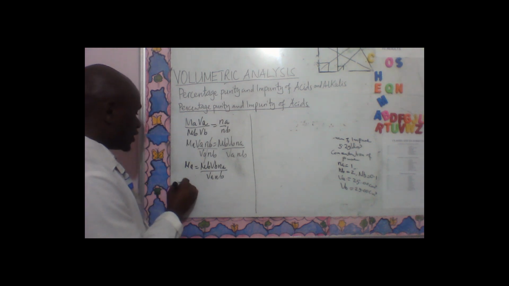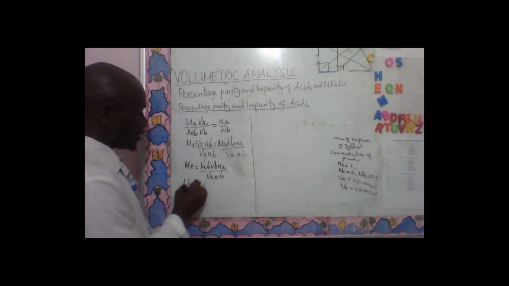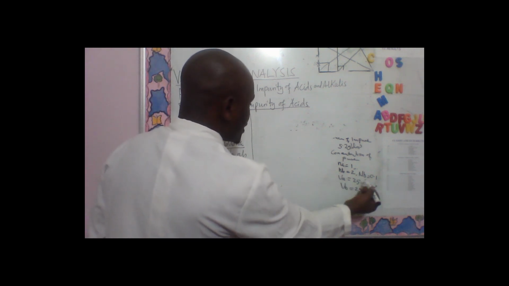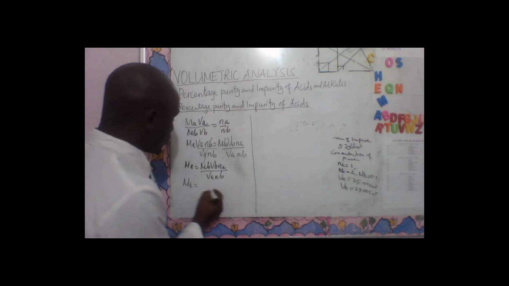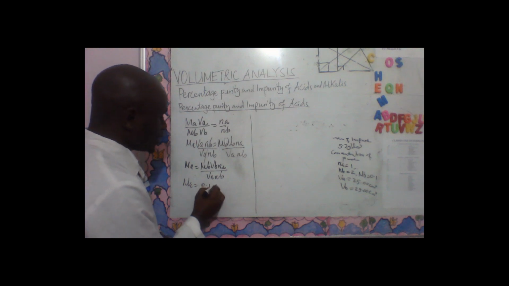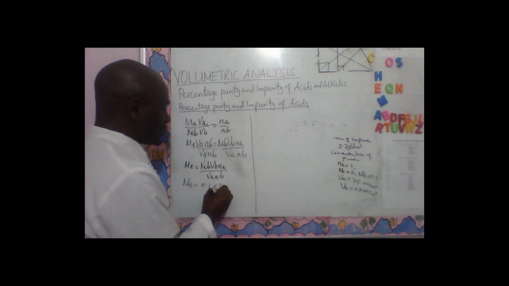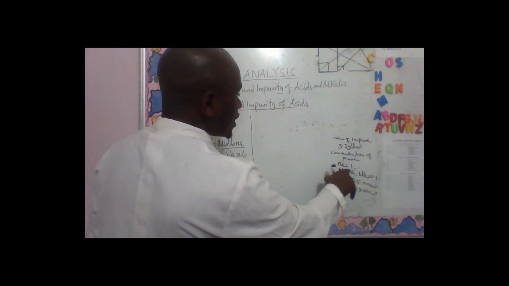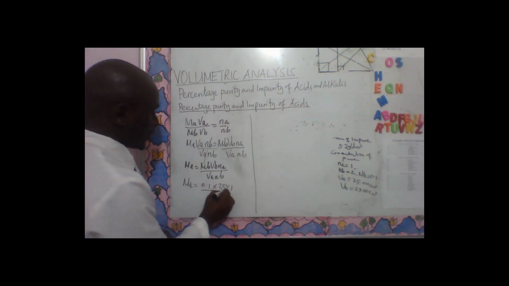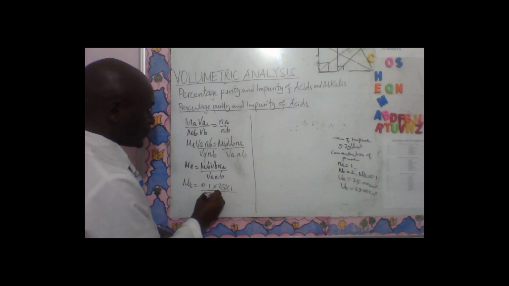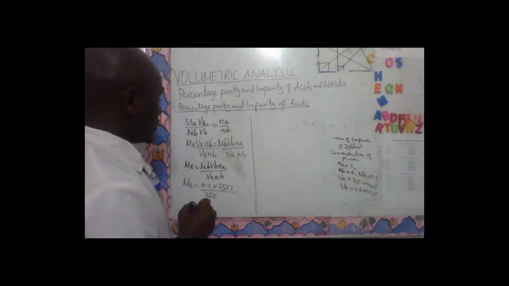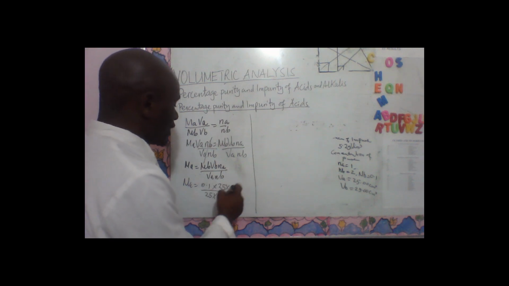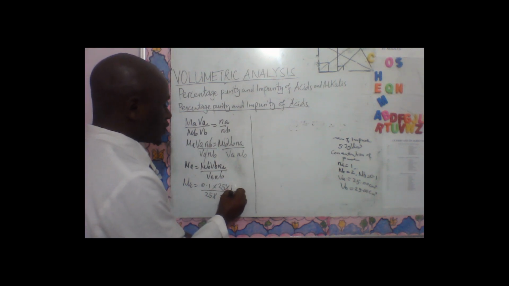So molarity of acid is equal to molarity of base times volume of base times number of acid over volume of acid times number of base. Here the molarity of base is 0.1, so we place 0.1 times the volume of base, which is 25, times the number of acid. The number of acid is 1, over the volume of acid, which is 25, times the number of base, which is 2.